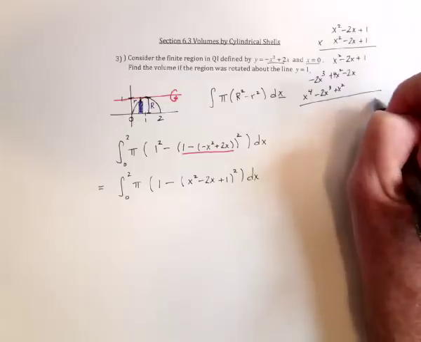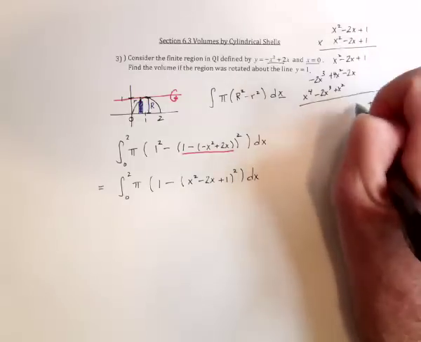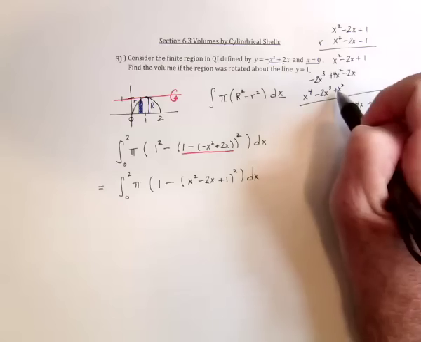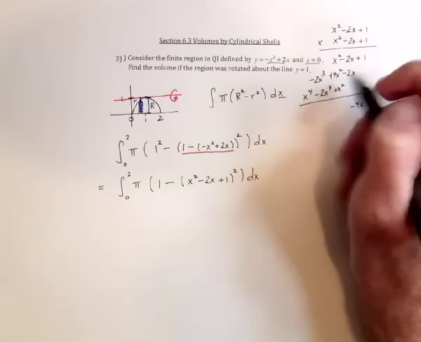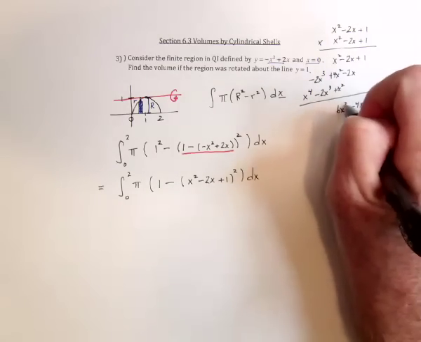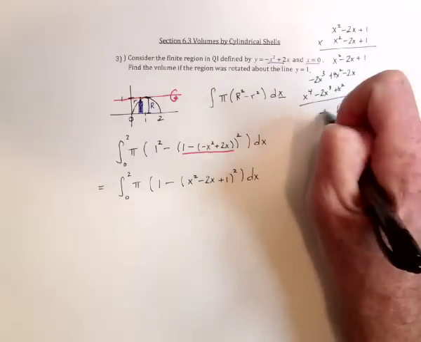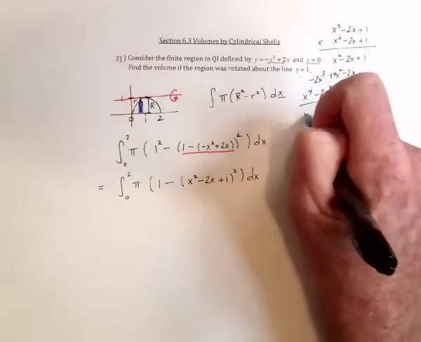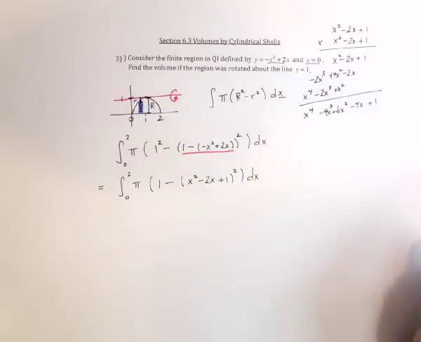And then combine like terms, so there's a 1 over there, there's negative 4x's, there's 1, 2, and 4 more is 6x squared, or negative 4x to the 3, and then x to the 4.